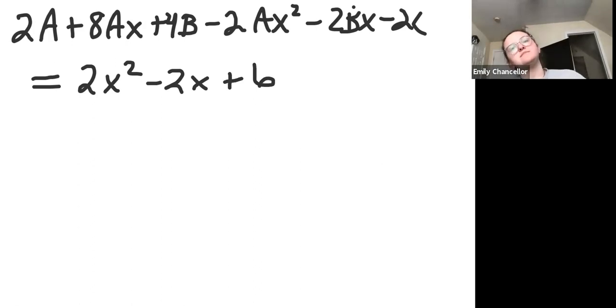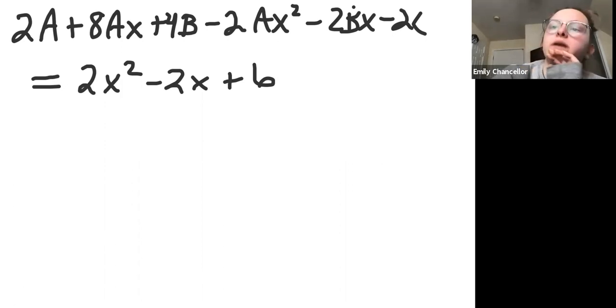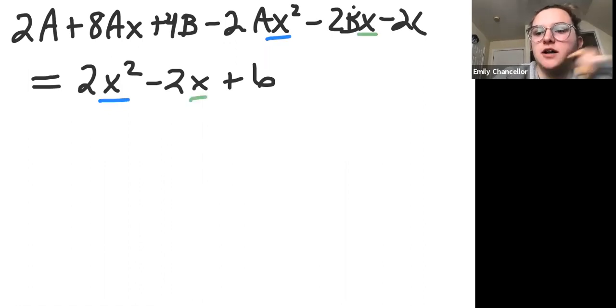Now to solve for a, b, and c, we have to set up a system of equations. So what is a way that we could organize to create 3 different equations? We could have all the x squareds equal to each other, all the x's equal to each other, and all the constants.